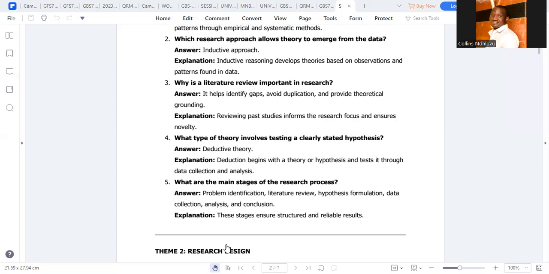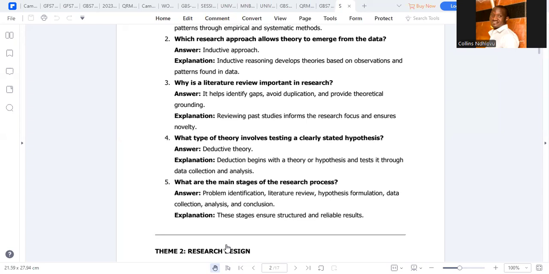So under inductive, the conclusions are more probable, not guaranteed. Even if premises are true, the conclusion might still be false. For instance, if you are making an observation to say all swans I have seen are white, somebody will say swans at the zoo are white. The conclusion will say all swans are white. So this is a kind of inductive reasoning.